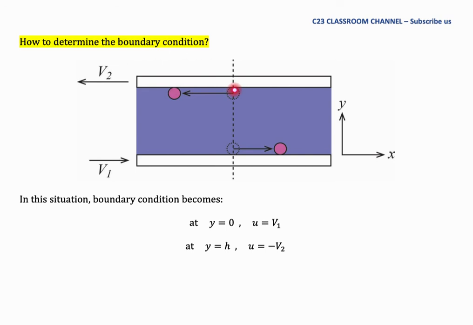And at the top plate here, y is equal to h. Please remember that in the question, it is given that the gap between these two plates is equal to h. So we take the coordinate of y here as y equal to h. And the velocity of the molecule at this coordinate is minus v2, because the direction of velocity here is reverse to the positive direction of x here. So we give it as minus v2.